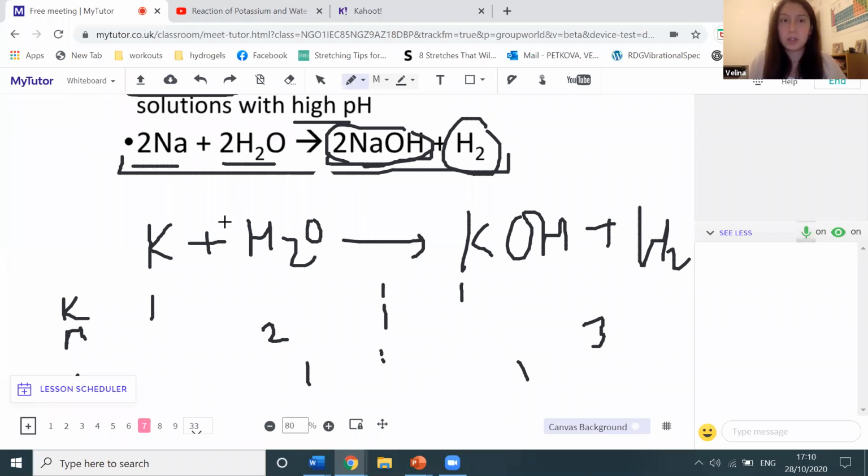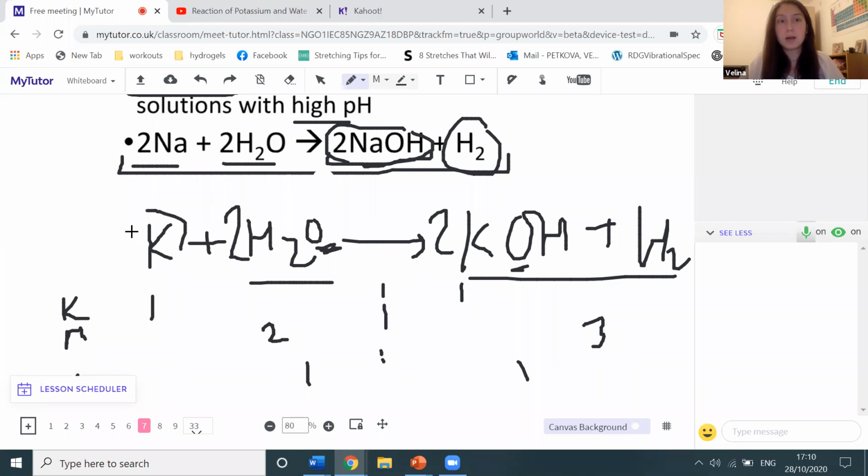If we put a 2 in front of this water and 2 in front of this potassium hydroxide, we balance our hydrogens because now we have 4 on this side, 4 on this side. We've got 2 oxygens, and we now have 2 potassiums on the right-hand side, so therefore we need to add a 2 in front of the potassium here. Okay, brilliant. I can see lots of correct answers.